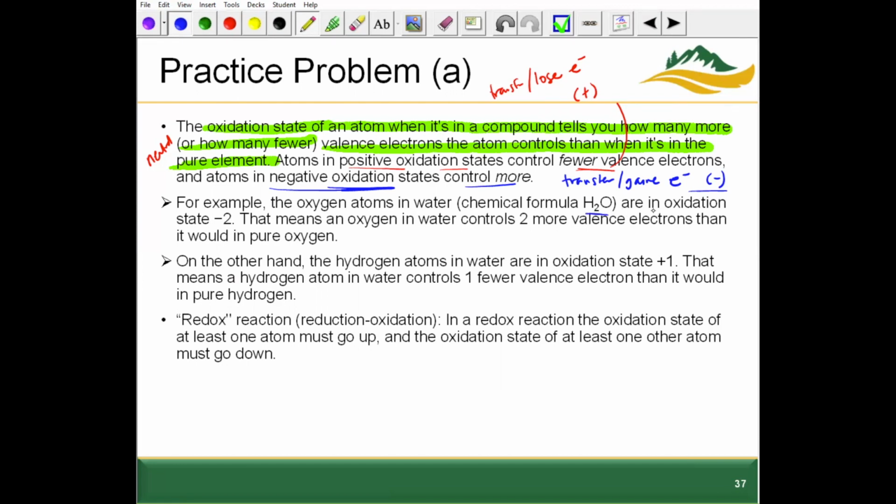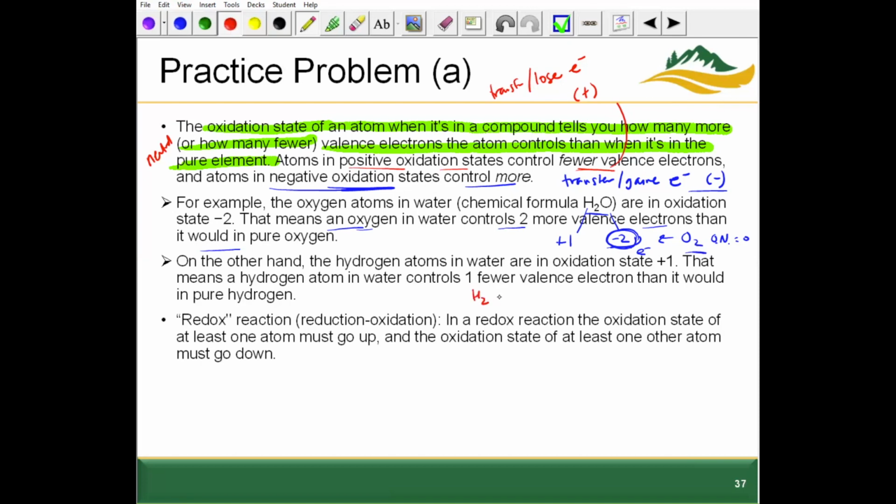Within this molecule of water, the oxygen is -2, the hydrogens are +1. That means that oxygen in water controls 2 more valence electrons than it would in its pure oxygen state. So for pure oxygen, its oxidation number is 0. Within water, its oxidation number is -2. That means oxygen in water controls 2 more negatively charged valence electrons than it would with pure oxygen.